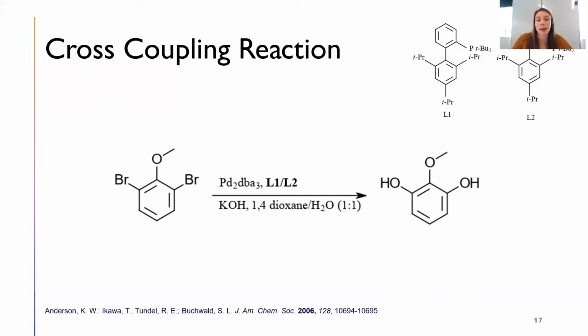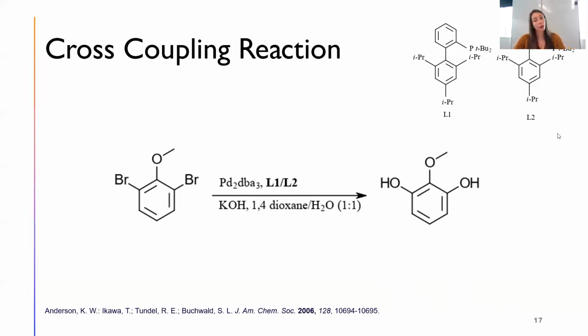So we tried different ligands, which you can see here, ligand 1 and ligand 2. And we tried different equivalences of the potassium hydroxide, which is the base, just to see what mixtures might get the most efficient reaction.